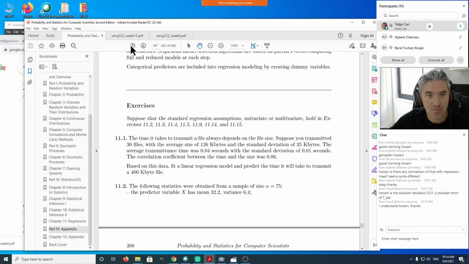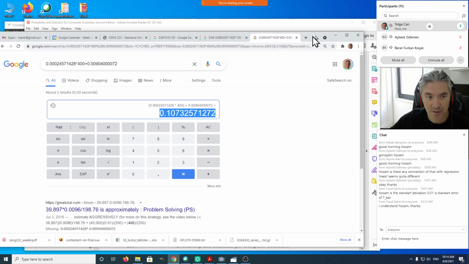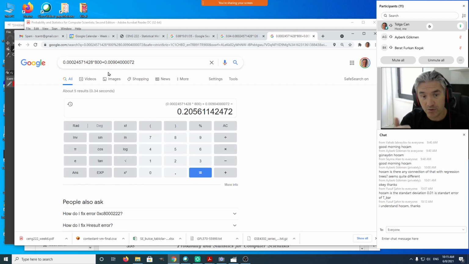And I think our model is correct, which is now this formula that I have written here. Replace this with any file size. What would happen if it is 800 kilobytes? It would be 0.2 seconds in our linear regression. So as you can see, it increases linearly with the file size. What will happen with a file of 126?